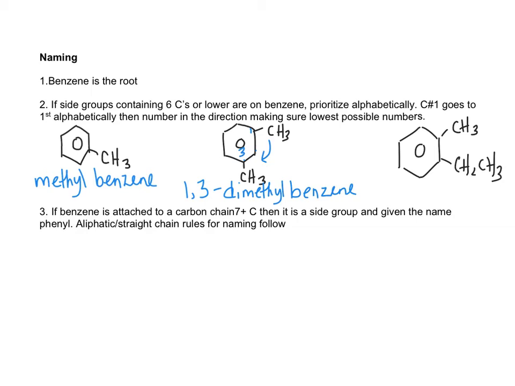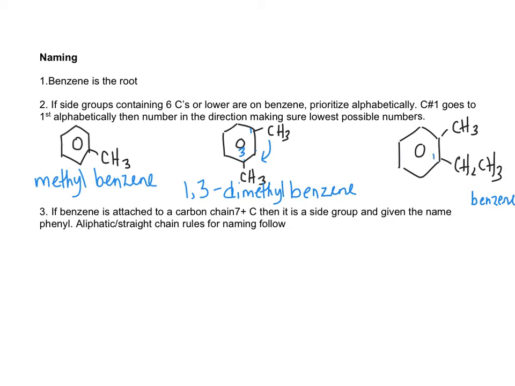All right, last example. We have the root benzene again, but this time we have two different side groups. We've got a methyl group and an ethyl group. So E comes in the alphabet before M, so therefore priority number goes to the E, the ethyl. So this would be carbon number 1.